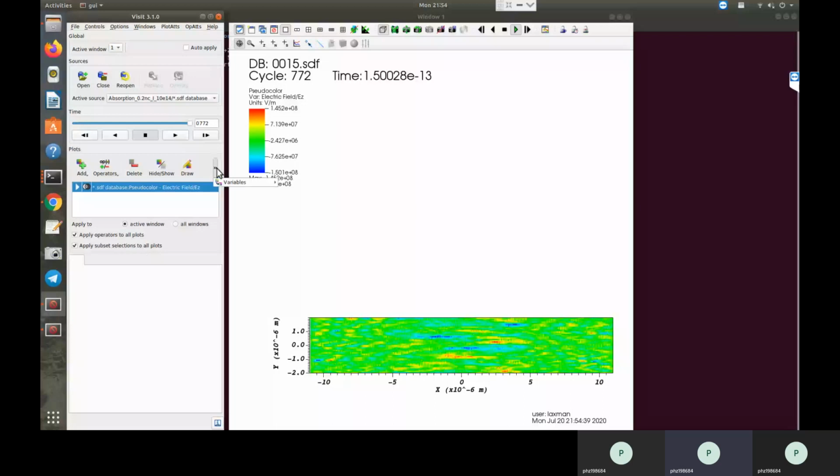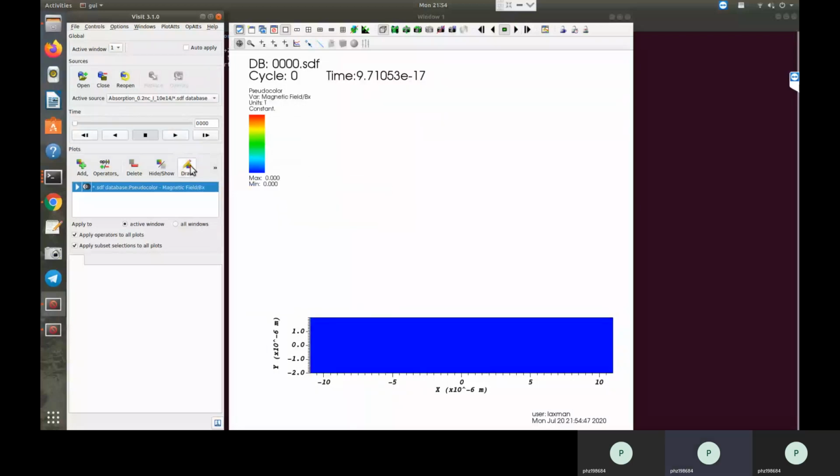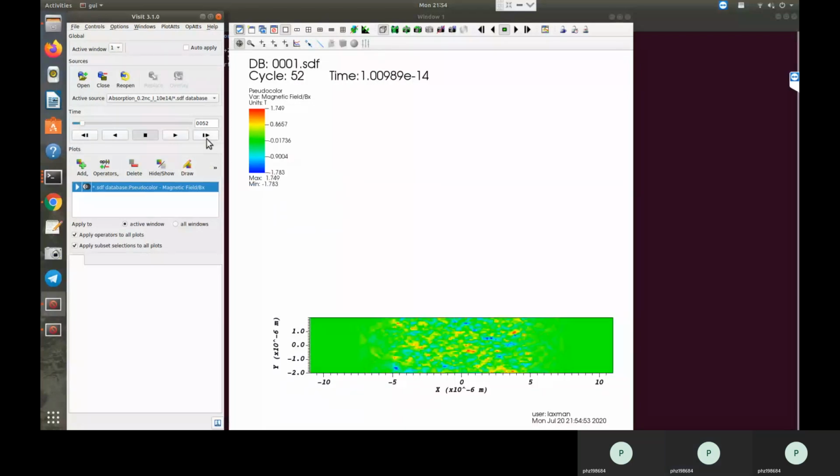Now let's see the magnetic field component along the x direction, that is Bx. So this is Bx at time t0. This was the magnetic field along the x direction. In movie form it will be seen like this.